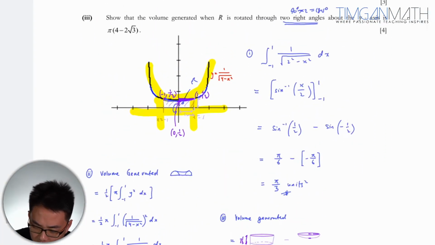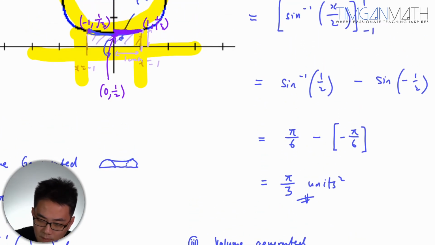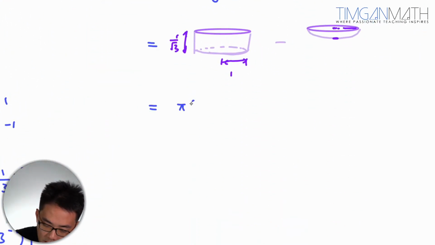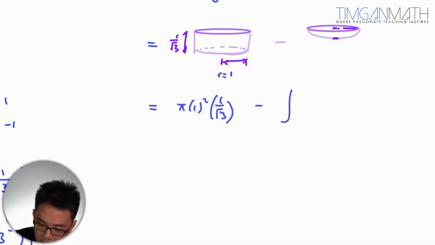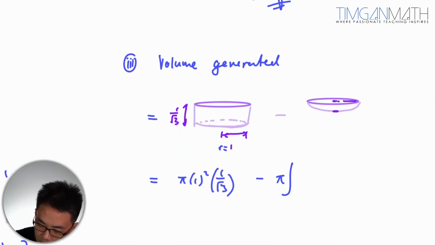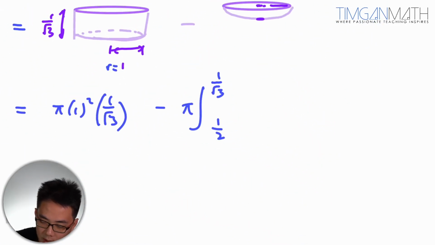And after which we have got root 3. That's 1. Okay, so this would be pi r squared, which is the radius, and the height 1 over root 3, minus of this would be pi integral from 1/2 to 1 over root 3 of x squared dy.